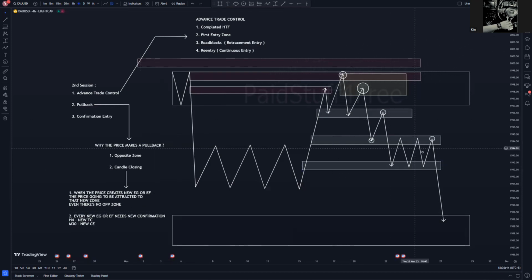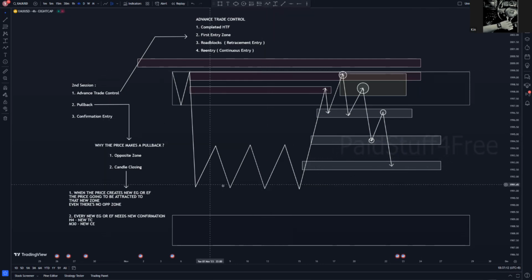Back to what I said just now: when the price creates an engulfing field somewhere around here, and to answer the question from just now, can the price create an EF but not go to the next zone? The answer is yes, because of the pullback.